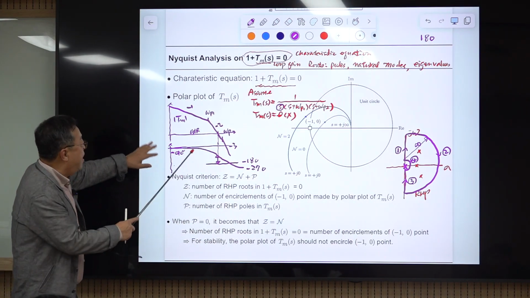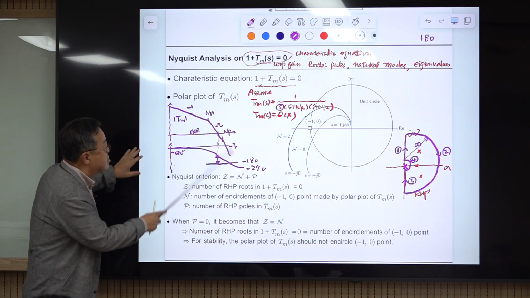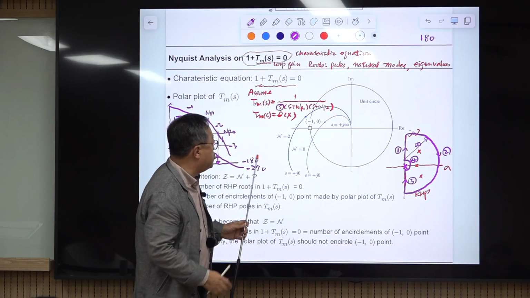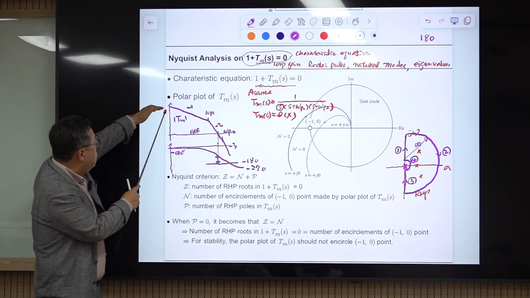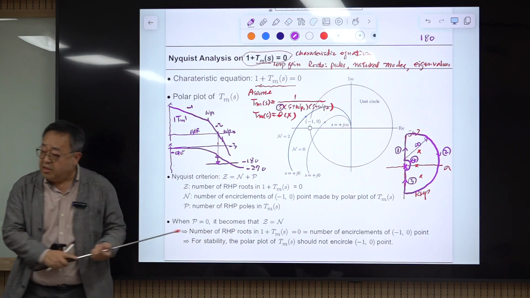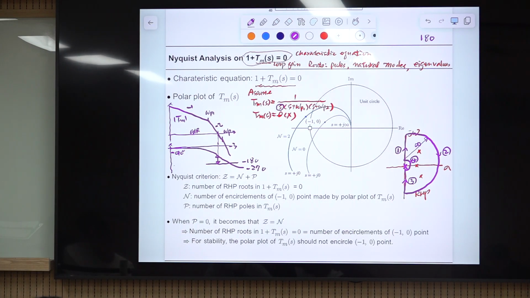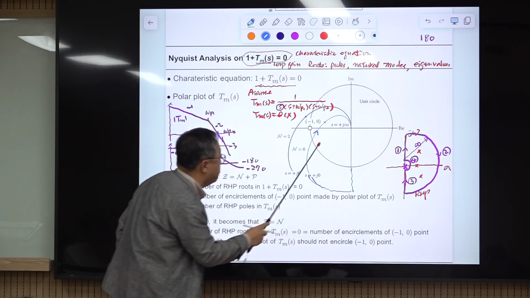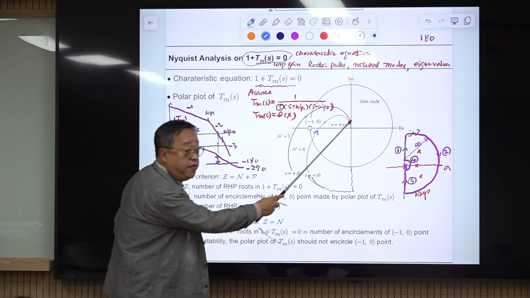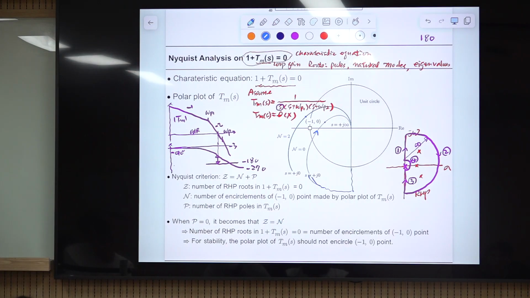Then this is the polar plot of this. It starts at a very large value at minus 90 degrees, somewhere here, and it goes like this. So this line segment maps to this circular segment.